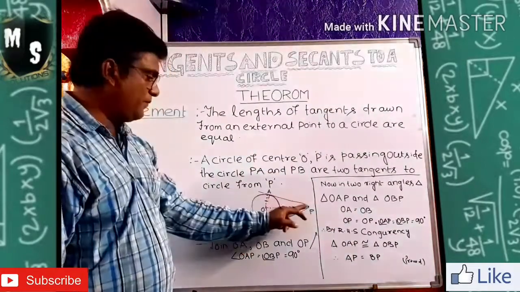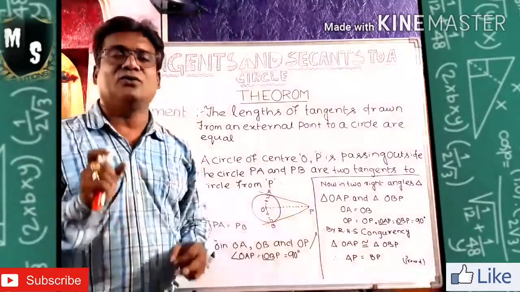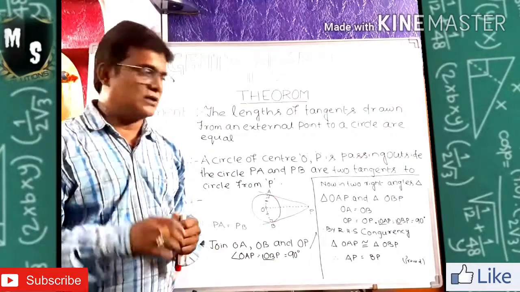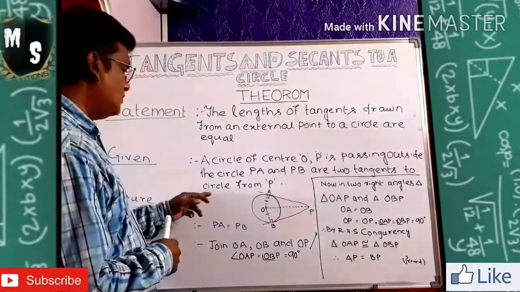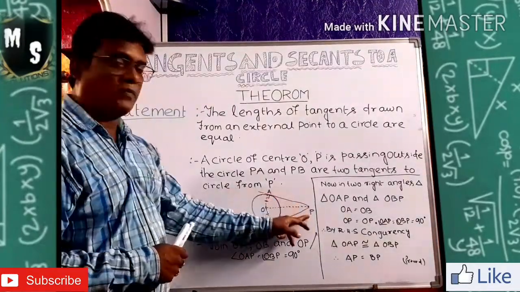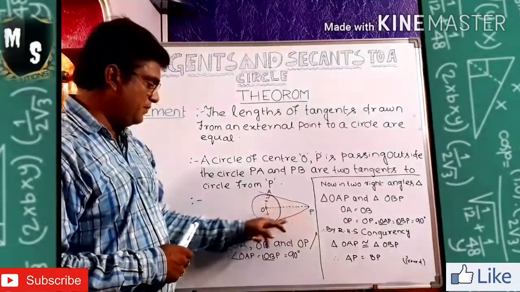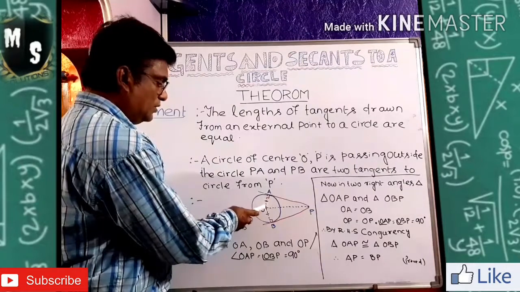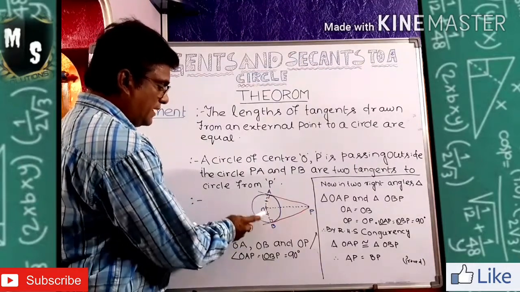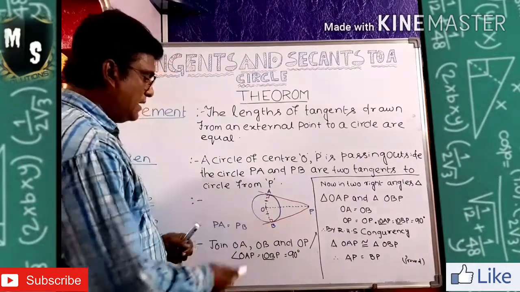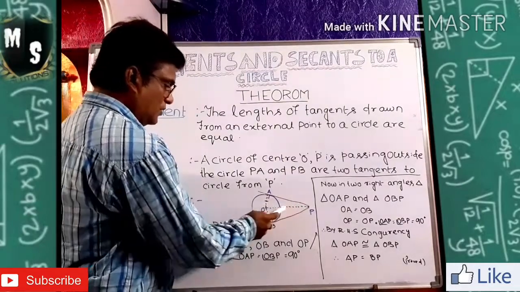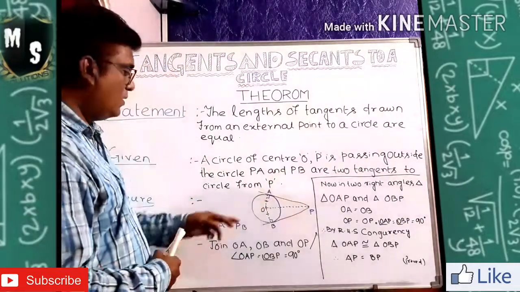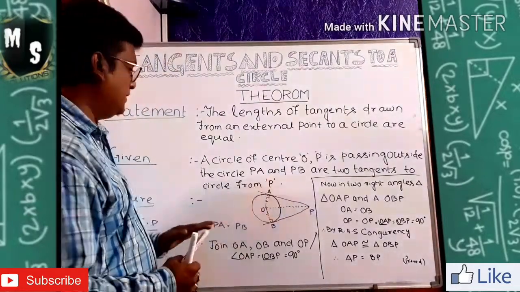So PA and PB are the two tangents drawn to the circle from the external point P. Now I joined the radius. This is the radius OA and this is the radius OB. And I joined O to P also. Okay, so now my figure is complete.